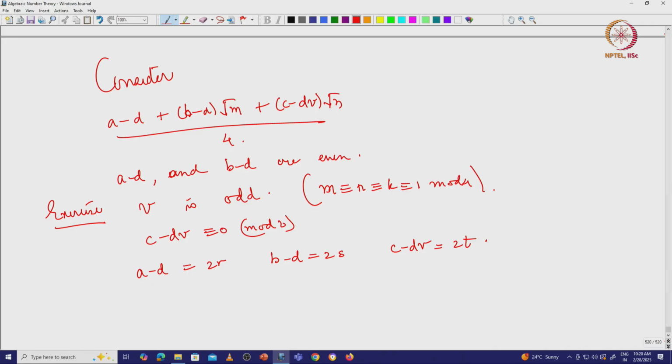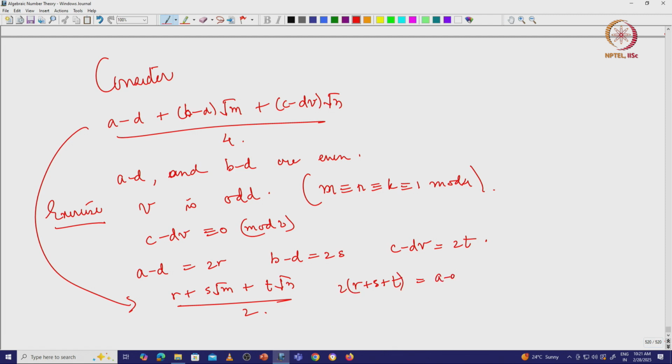So, firstly what you get is this thing becomes R plus S square root of M plus T square root of N by 2. And what is R plus S plus T? At least 2 times this is A minus D plus B minus D plus C minus dV, which you can rewrite as A plus B plus C minus D times V plus 2, right.